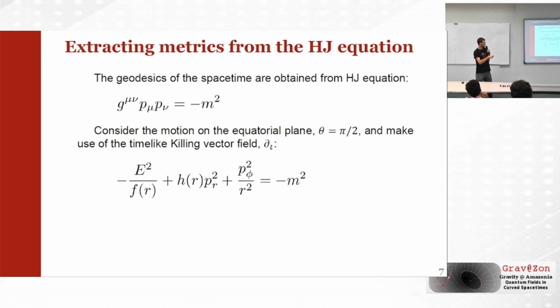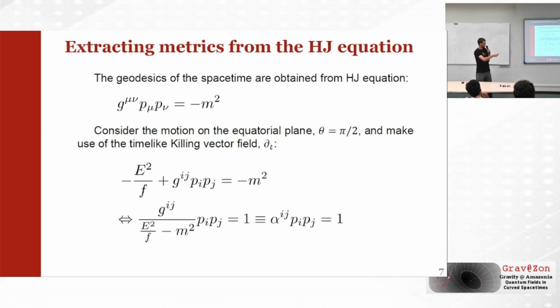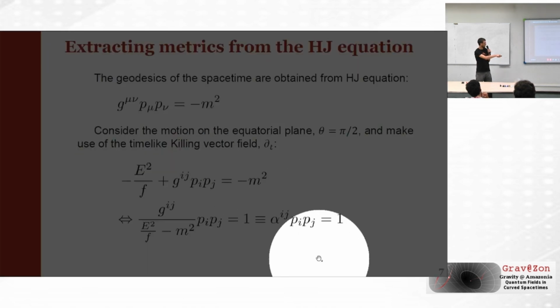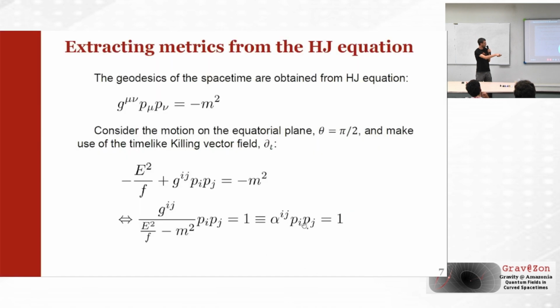And by inspection, we can see that we can recast this equation in the following form, which allows us to define a new metric which is bidimensional and has the same geodesics of the spacetime. It will be this metric alpha ij here.